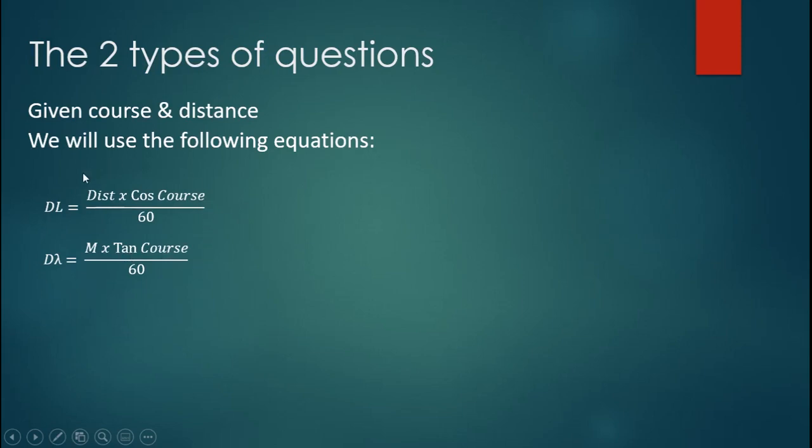Again, these equations are in Bowditch, but for some reason, Bowditch wants you to calculate everything in minutes of latitude. I've included the divided by 60, which gives you degrees of latitude. That's just personal preference. I prefer to work in degrees of latitude rather than minutes of latitude.